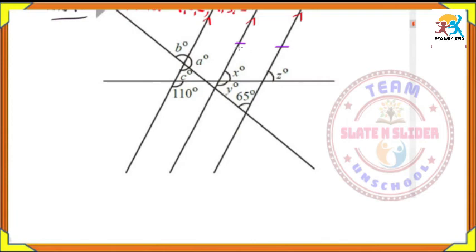For these two lines, this line is the transversal. So, the angle X and Z, X is in the interior of these two lines and Z is in the exterior of the two lines, and these two angles are not adjacent, and these two angles are on the same side of this transversal, so that these two angles are equal. I can write angle X is equal to angle Z. How am I writing? Since the two angles are called corresponding angles.